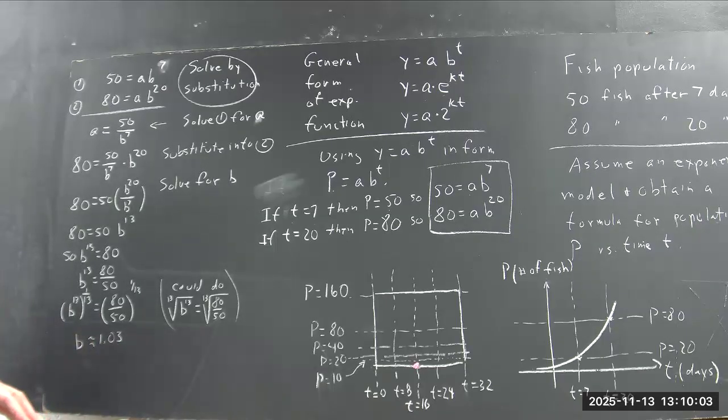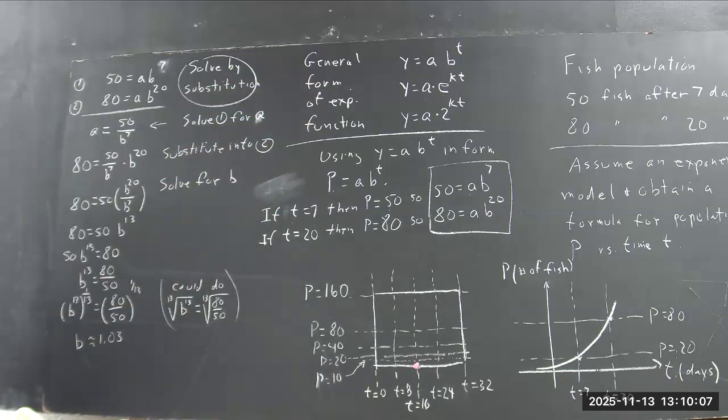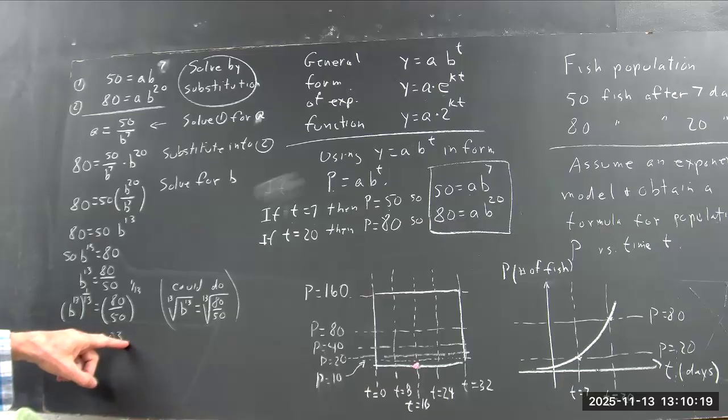This is like $50 growing at 3% interest. And if it was 3.6% interest, that would make a big difference. Okay.